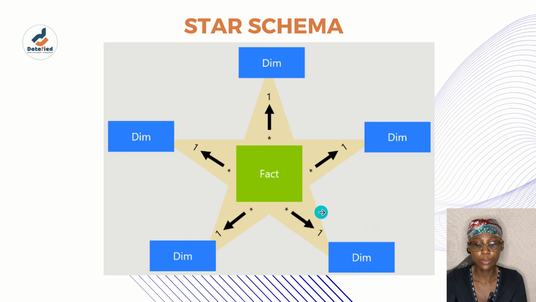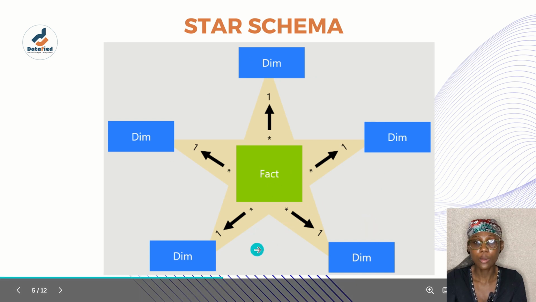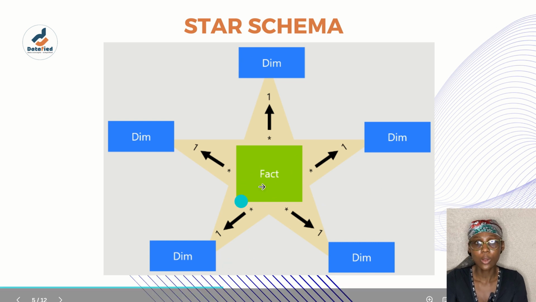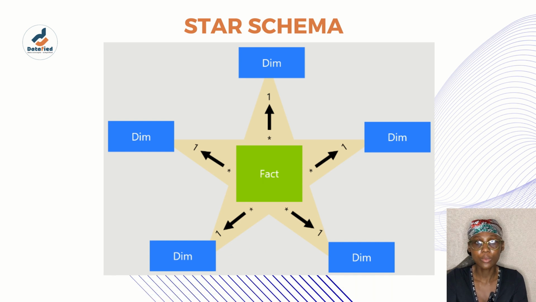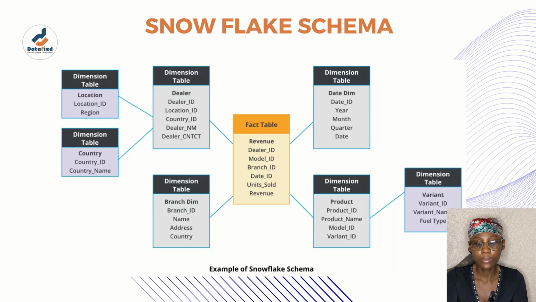So this fact table and the dimension tables are related, but now we have just one fact table that contains all the details that the dimension tables describe, right? Then for the other schema, we have the snowflake schema.